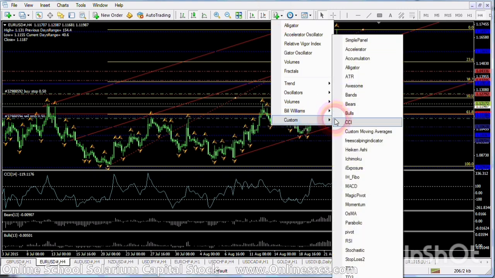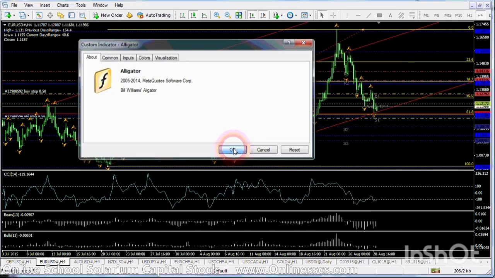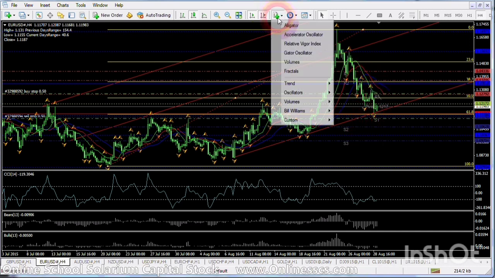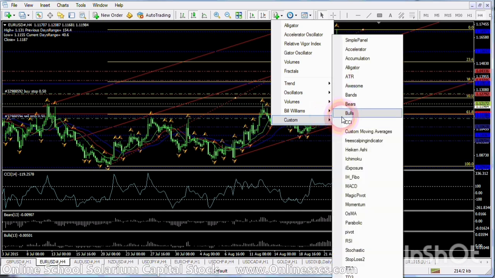Another tool, Alligator. My price is under the alligator. It has given me a sell signal, but it may come back, so I wait because I don't have confirmation from my Fibonacci. But according to alligator, the trend is downtrend.